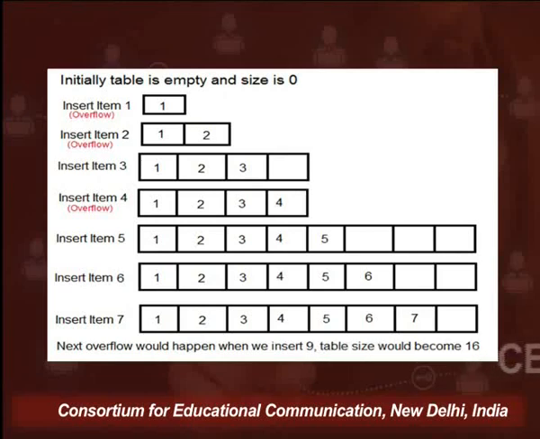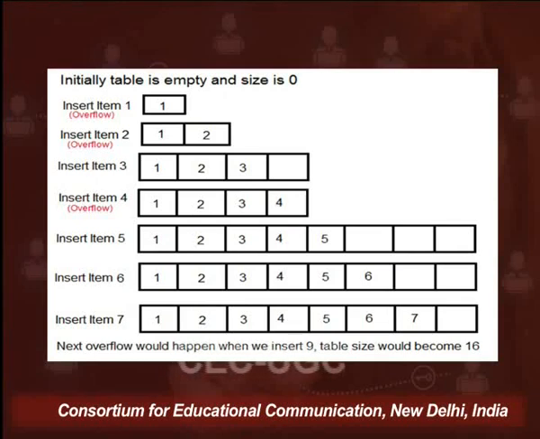If we want to insert the next item, which is item 3, the table is again full. So we allocate a new table of double the size. The earlier size was 2, now the new table will be of size 4. We have inserted item 3, and then item 4 in the next cycle. But what if we need to insert element 5?